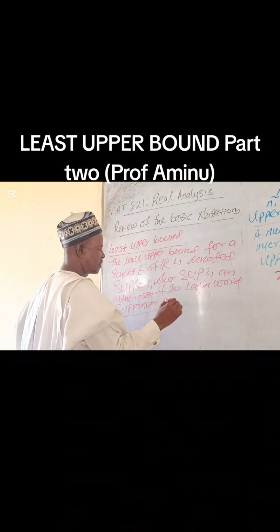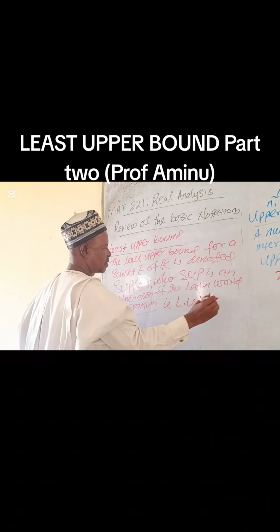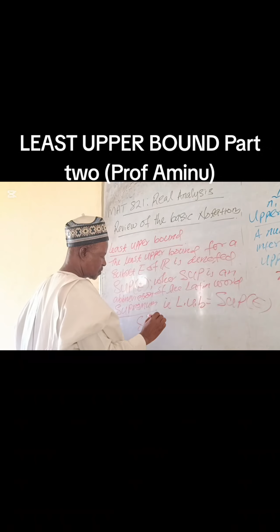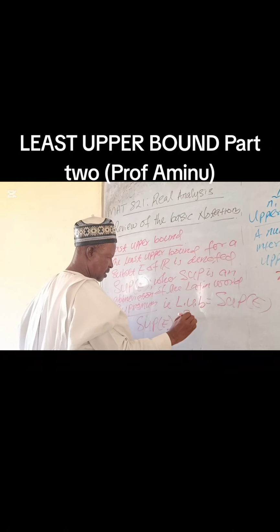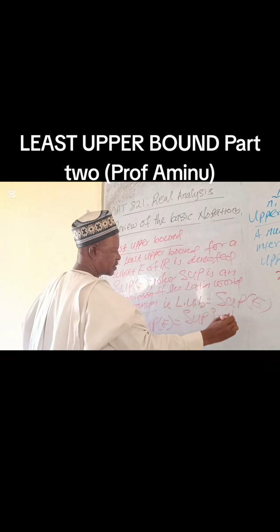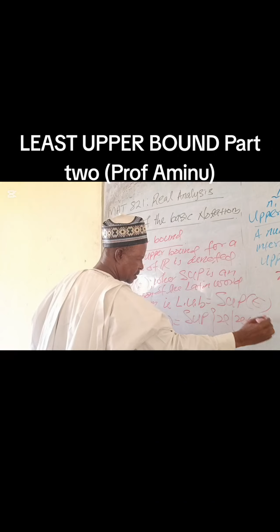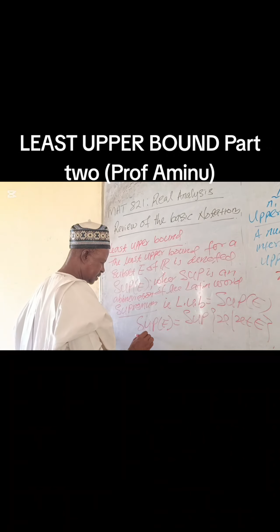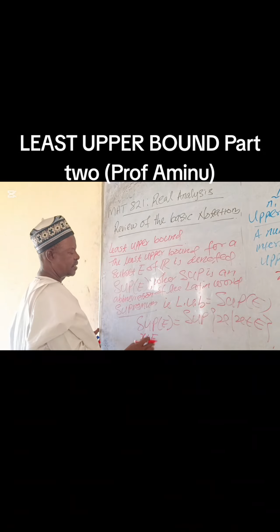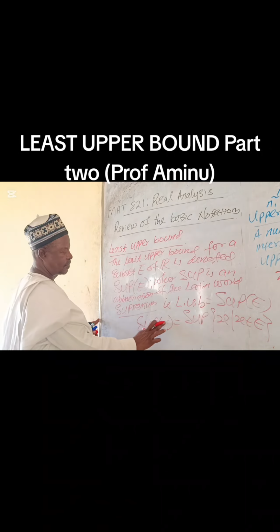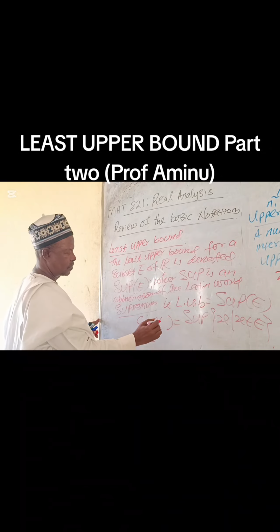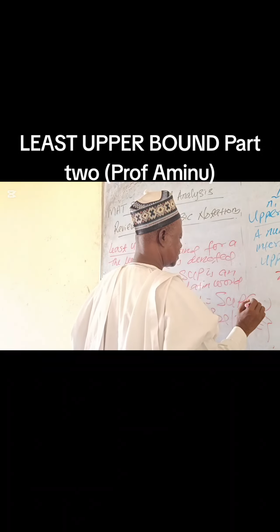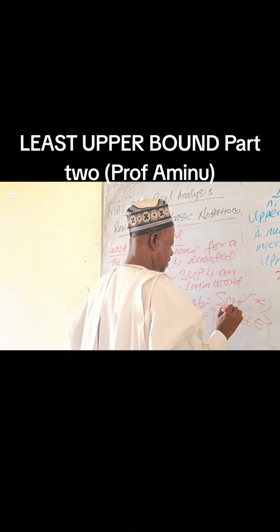So, i.e., least upper bound is called sup of E, where sup E can also be written like sup of all x, where x is in E. Sup over x in E, like this.